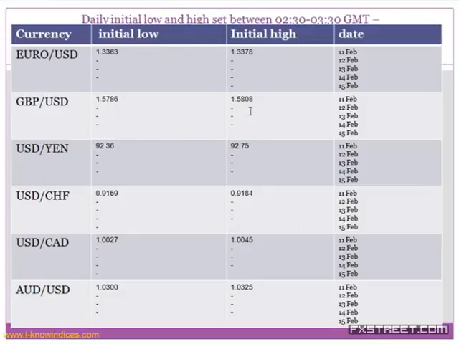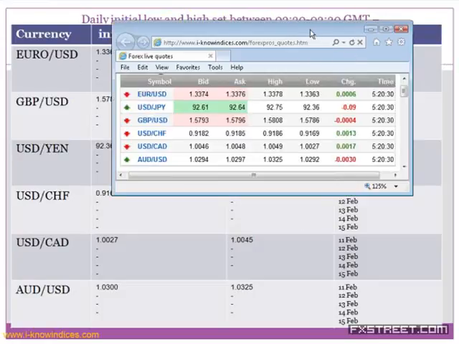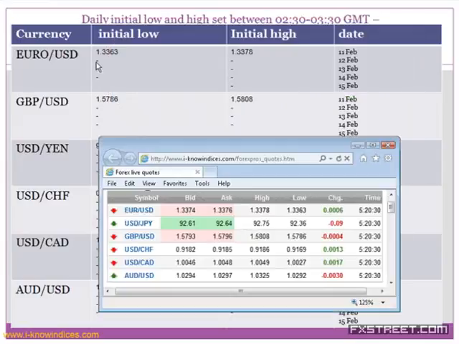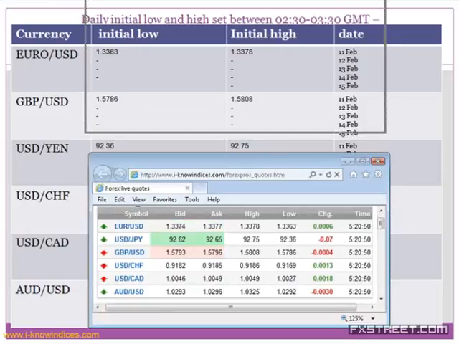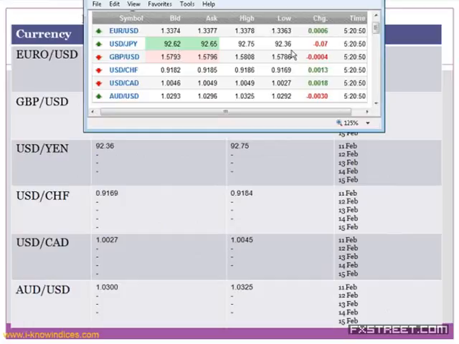Coming to the market reading, the initial lows and the highs. The low 1.3363 is intact, 1.3378 is also not breached, and GBP 57.86 and 58.08 not breached, and Yen 92.36 and 92.75 are not breached.